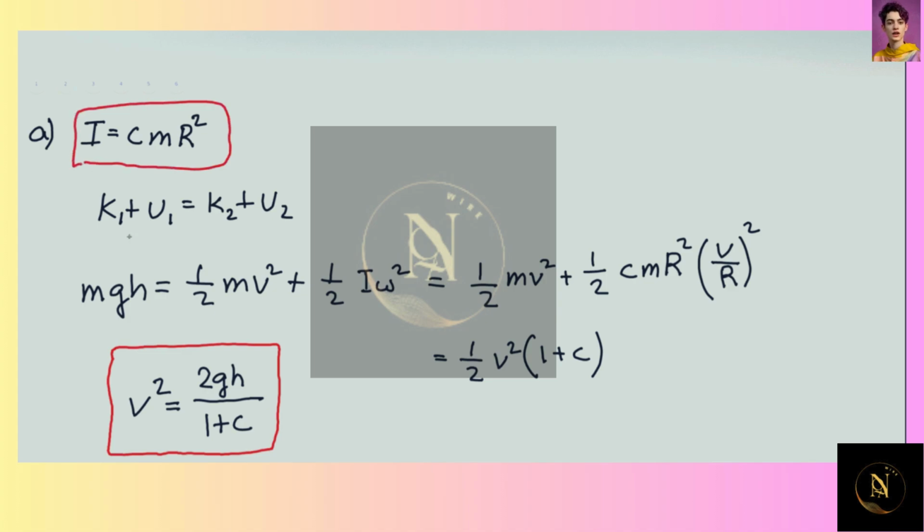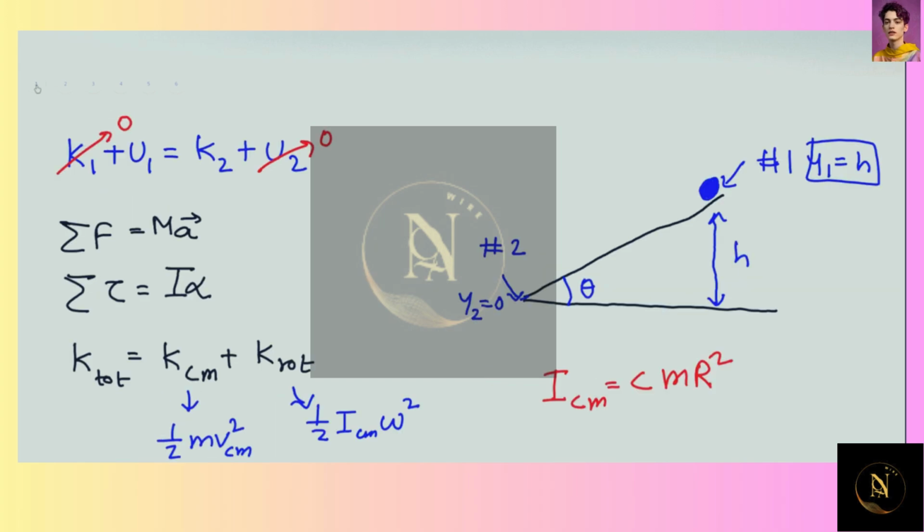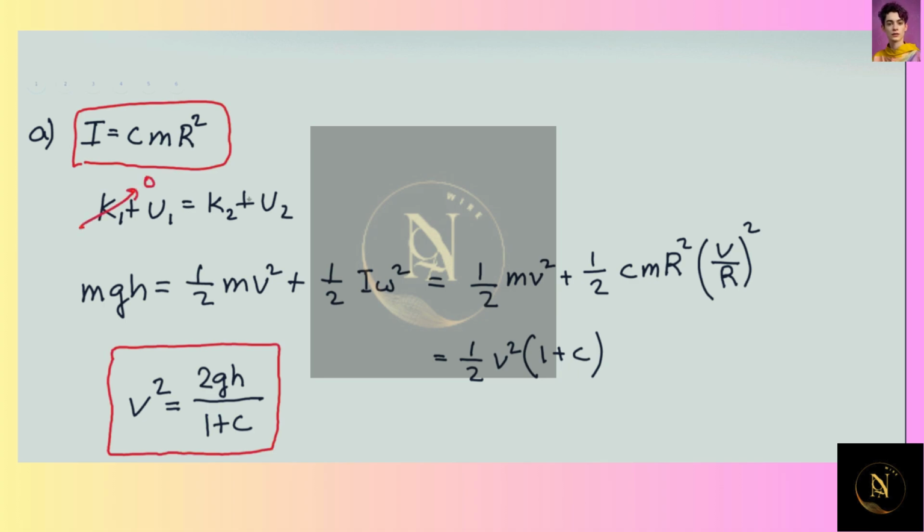If we use this equation now, as we mentioned, I will be chosen as CMR squared. So we start with the energy conservation, and as we mentioned, we got rid of the kinetic part at this point, so this one is 0. At the top we have the potential energy, mgh, and the kinetic part is half mv squared plus half I omega squared, where I is cmr squared.